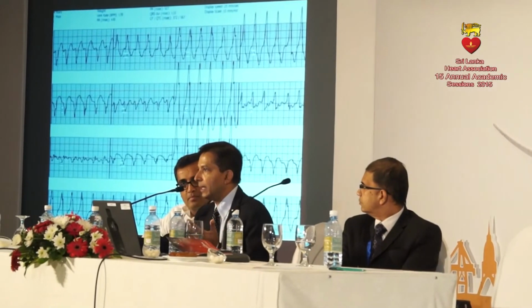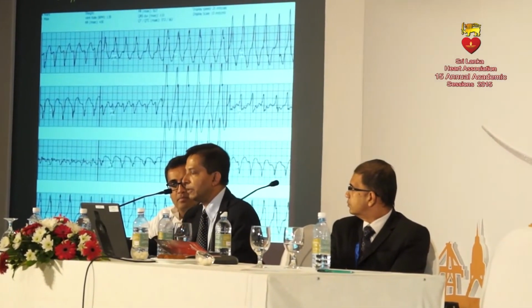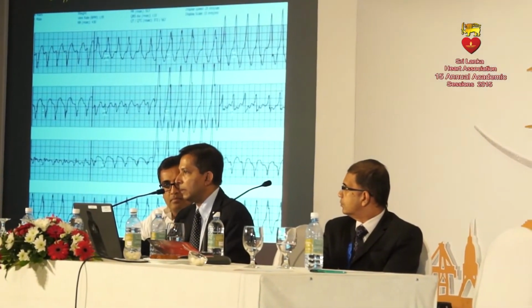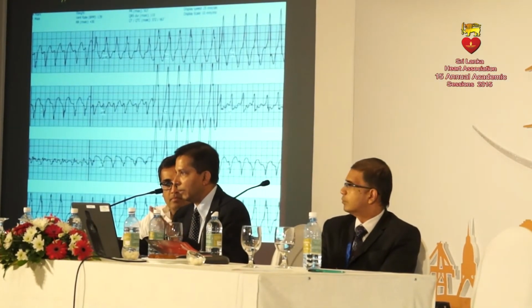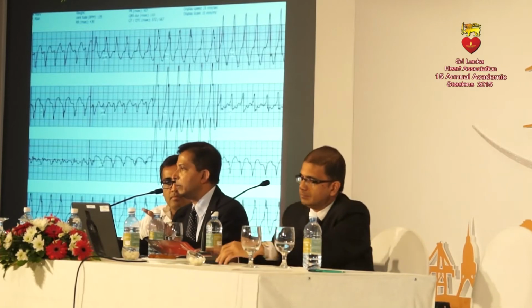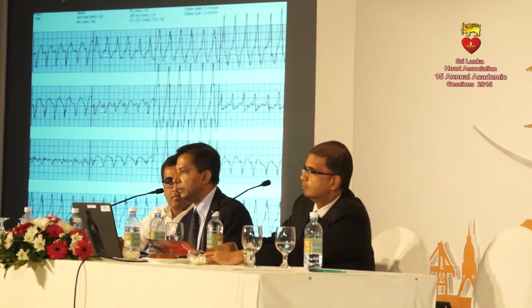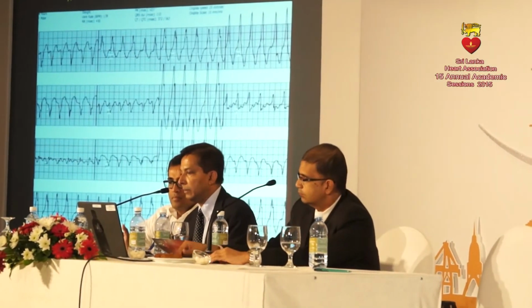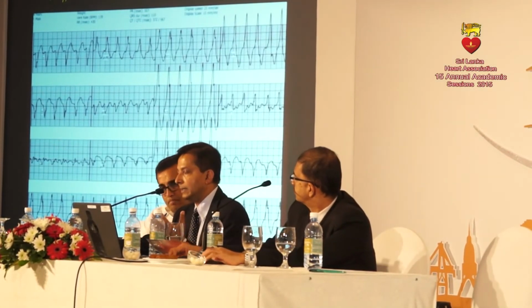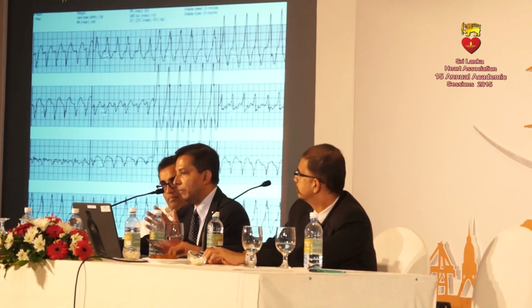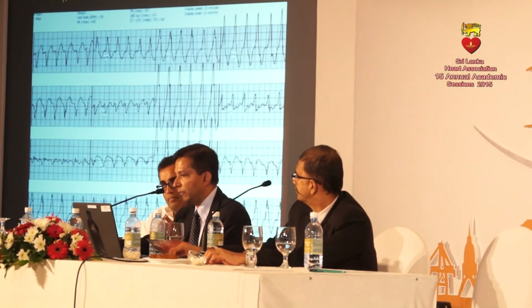When this is this wide, in a 64-year-old male, statistically I would have called it ventricular tachycardia, not knowing. But again, the initial treatment is right. You shock the patient to stabilize. If I was just given the tracing, the reason is that this is a wide complex tachycardia with a right bundle branch block morphology.